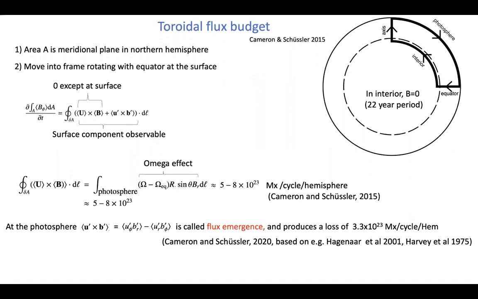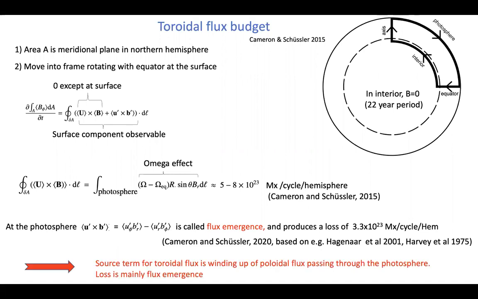The other bit is also 0 away from the flux emergence, and we can tell because we have observations at high resolution going for several cycles. This term corresponds to a loss of about 3 times 10 to the 23 Maxwells per cycle per hemisphere. So more than half of what you generate by the omega effect, you lose through the surface.